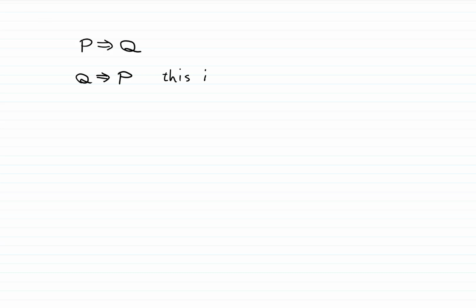It's also an implication, but I want you to know this word: it is called the converse of P implies Q. And whether or not this is true has nothing to do with this being true.